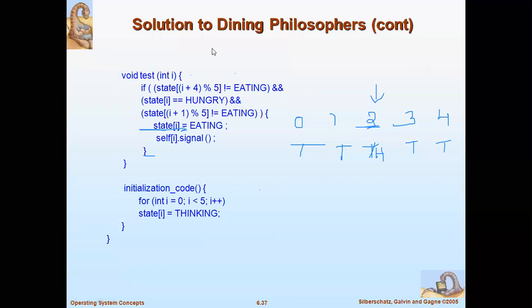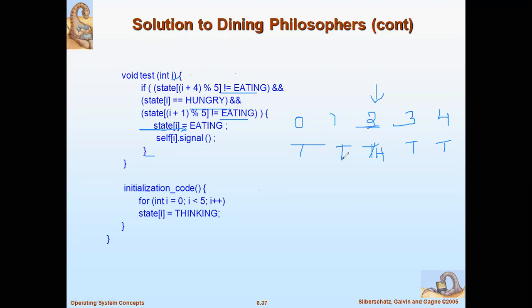Now let us go to the test condition here. In the test condition, it says that he can eat, that is the third philosopher, which is i equal to 2 in our case, only if his left philosopher is not eating, the philosopher sitting to his right is not eating, and he himself is hungry.